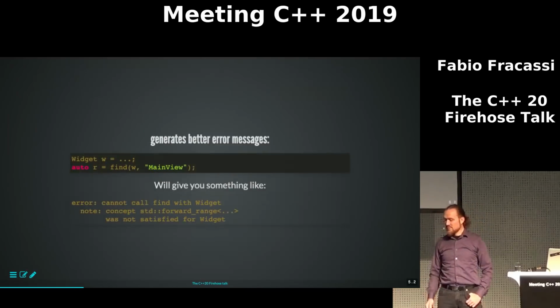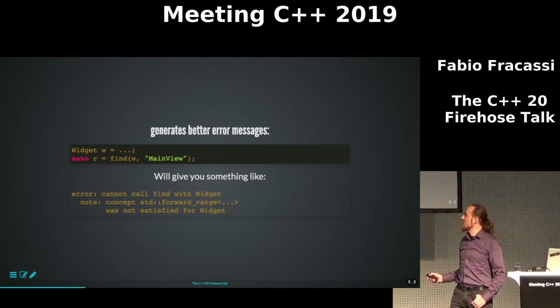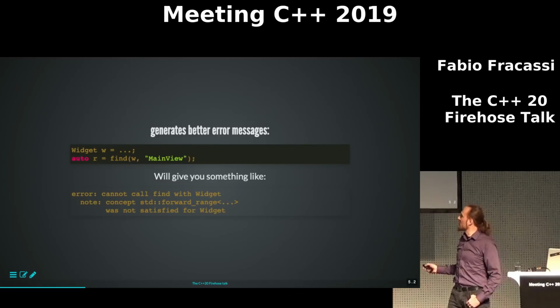So this is nice. This will give us better error messages. You do something nonsensical, and it tells you this is not possible, find with widget won't work because it's the wrong one, because it's not a range.